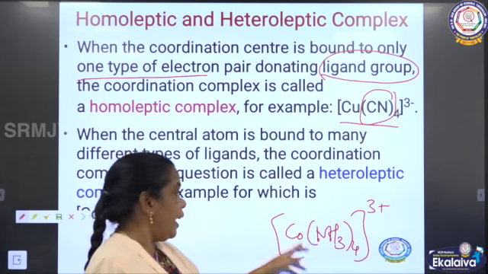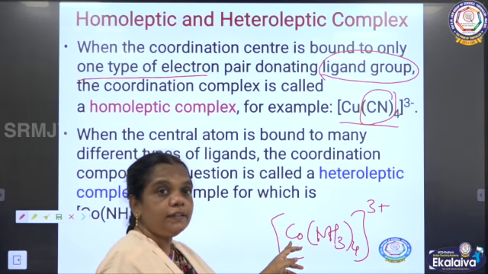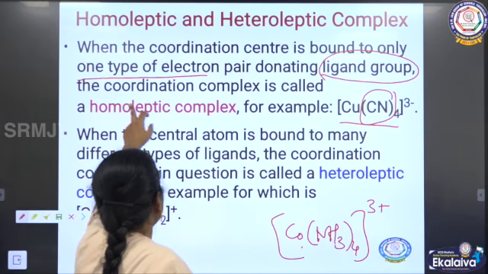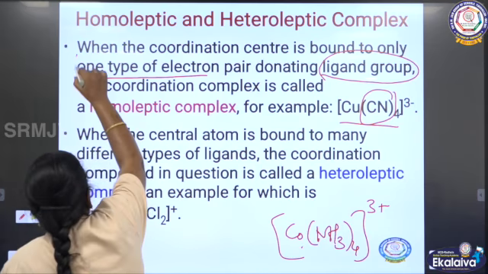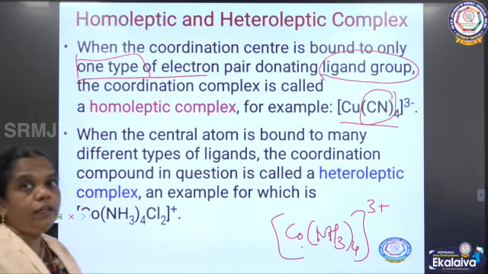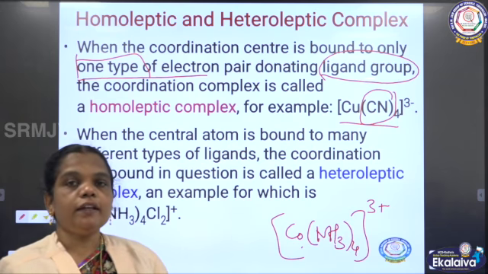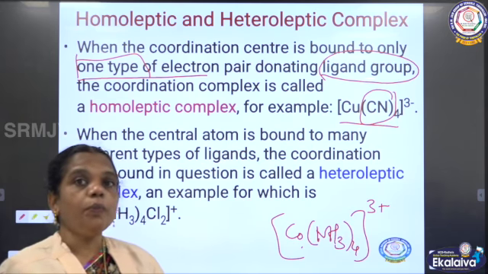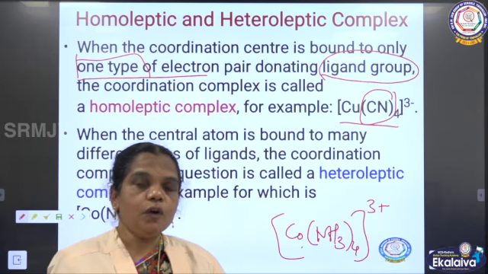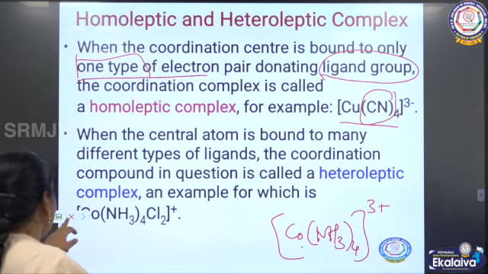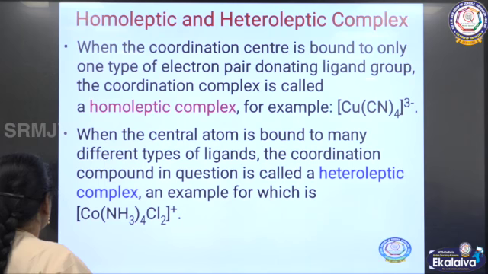Ammonia is going to share the electron with the central metal atom. So, only one type of ligand is going to share the electron with the central metal atom. So, the complex is named as what? Homolytic complex.